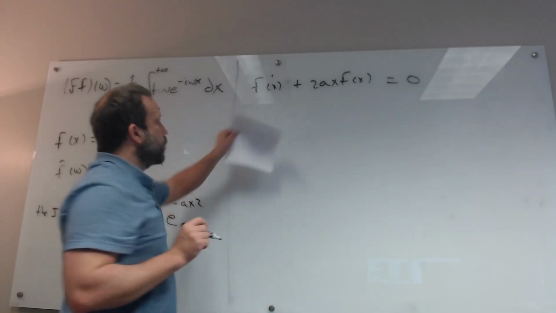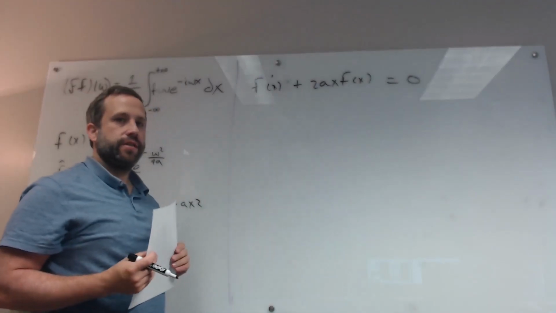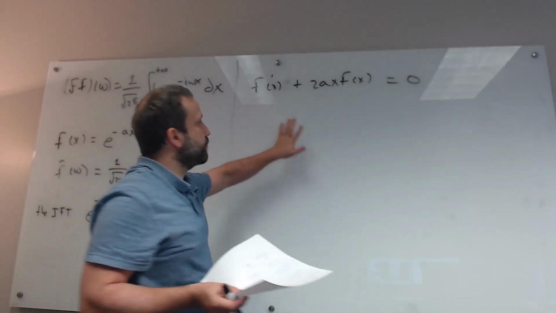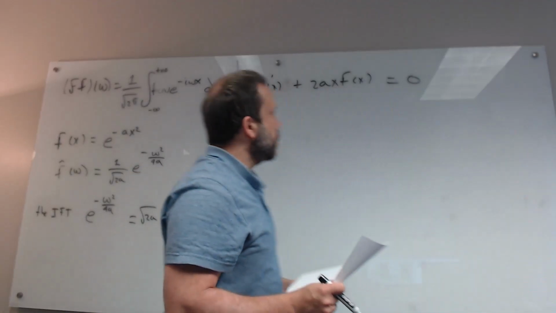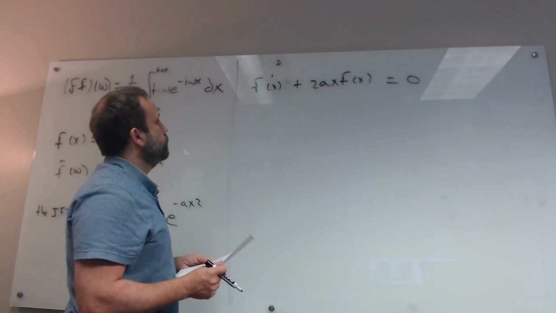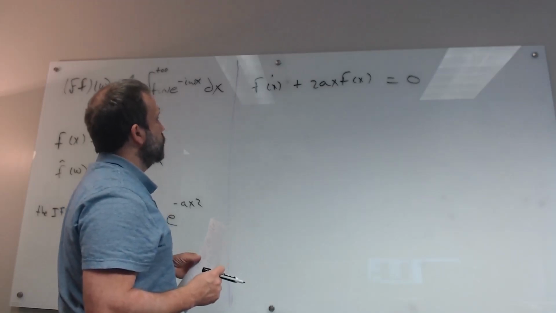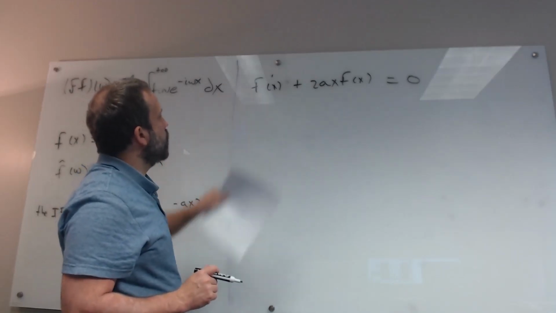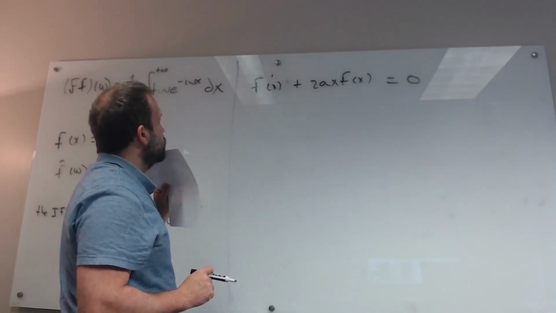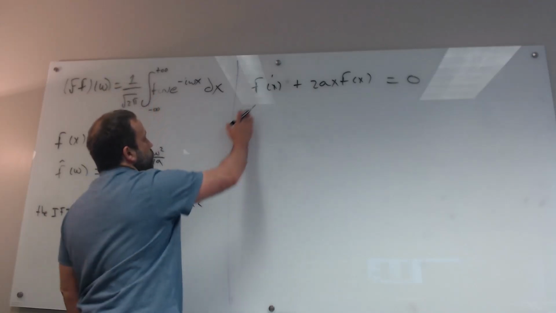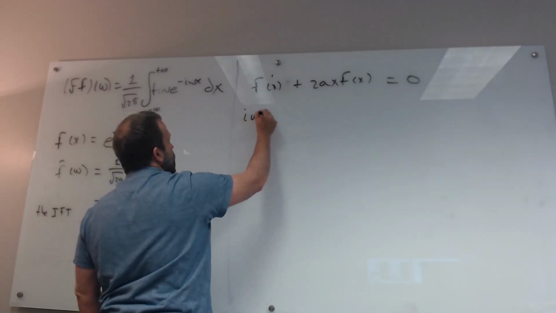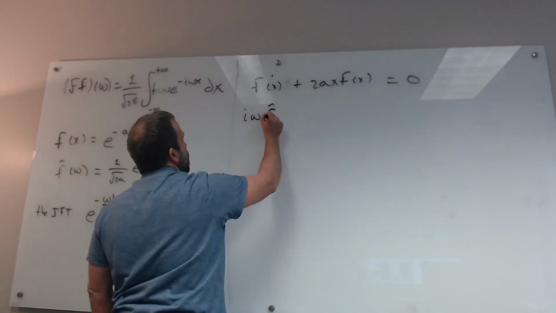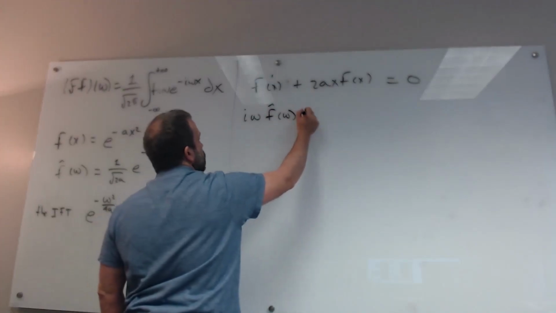We're going to take the Fourier transforms of both sides of this equation. So it's very similar. Notice it's a differential equation in the x variable. Now when we take the Fourier transform, what we end up with is the following. When I take the Fourier transform of f prime of x, I end up with i omega f hat of omega.